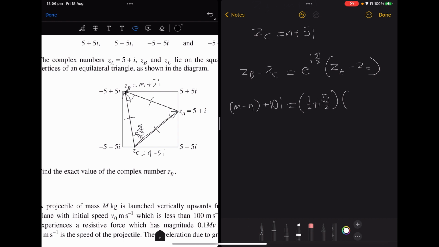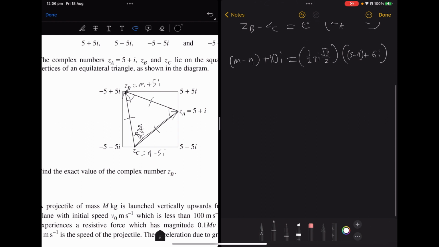ZA is given by 5 minus n plus i times, let's see, 1 minus negative 5 is 6i. Now let's just expand the right side.